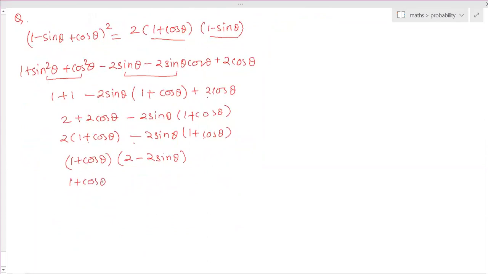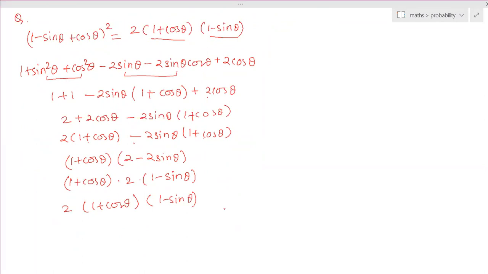So 1 plus cos theta into 2 into 1 minus sine theta. So 2 comes front: 2 into 1 plus cos theta into 1 minus sine theta. Okay. Do proper simplification.